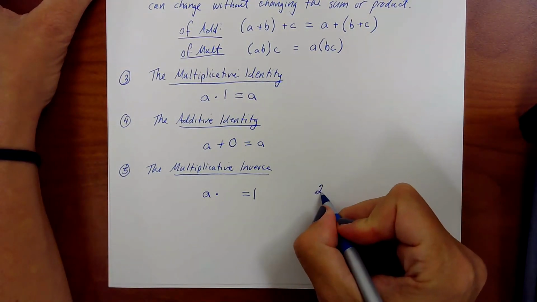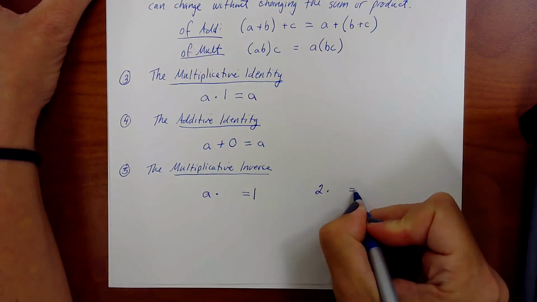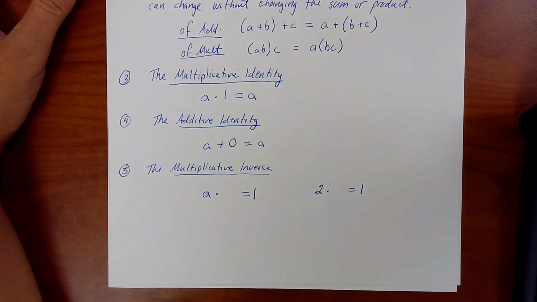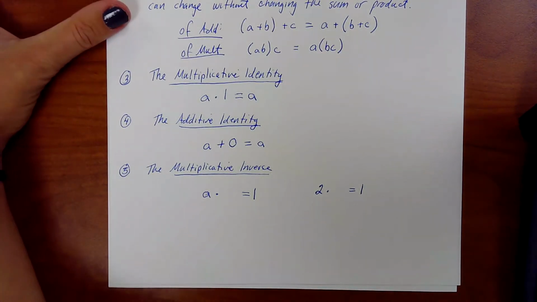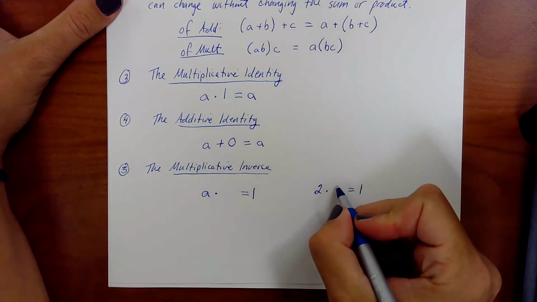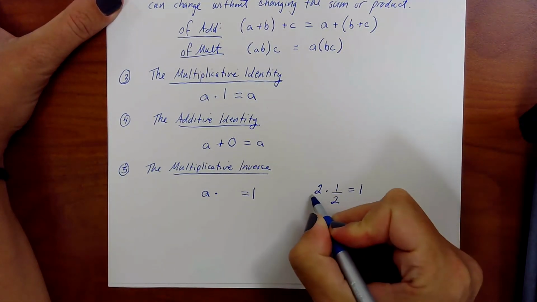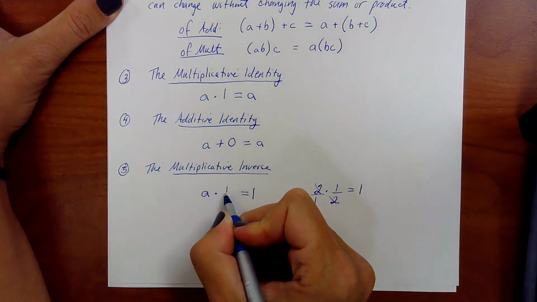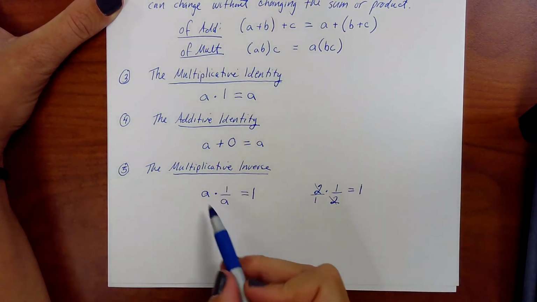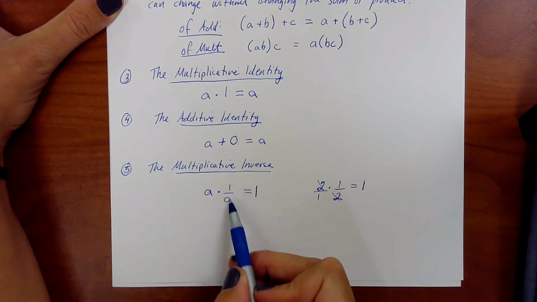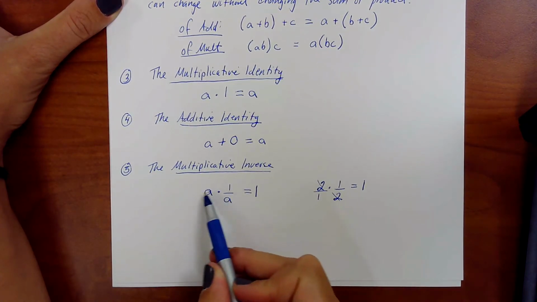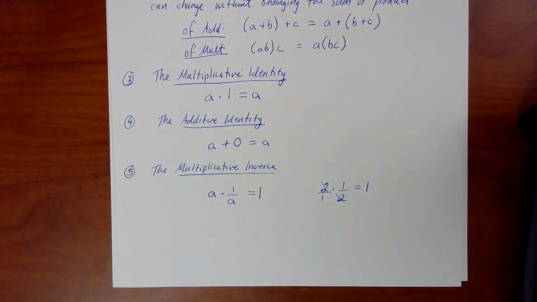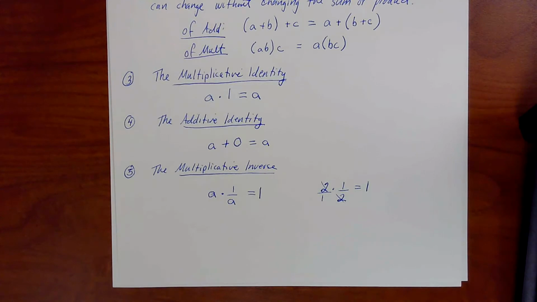What if it was 2? 2 times what is going to give us 1? Let's pause and try to figure it out. All right, hopefully we figured out it's 1/2, right? Because things will cancel here. So this is going to be 1 over a. So it's always whatever this number is, you flip it, because when you multiply that out, you get back 1. So that's the multiplicative inverse.